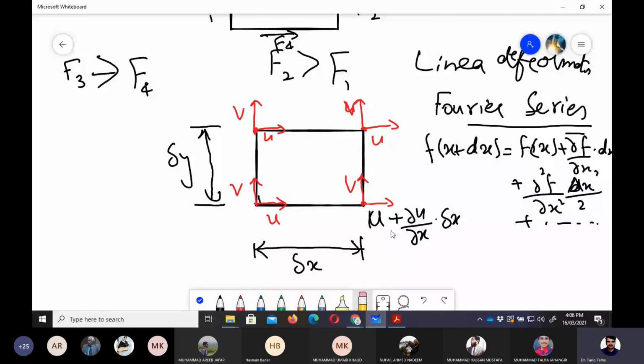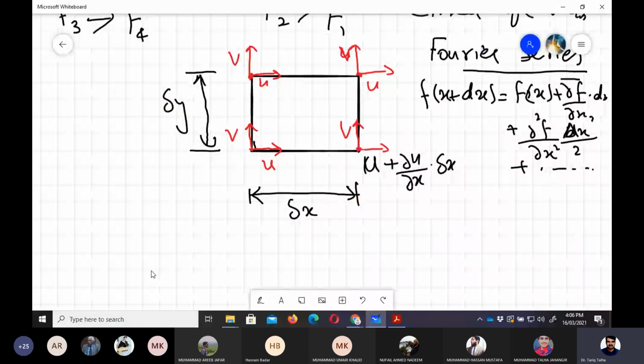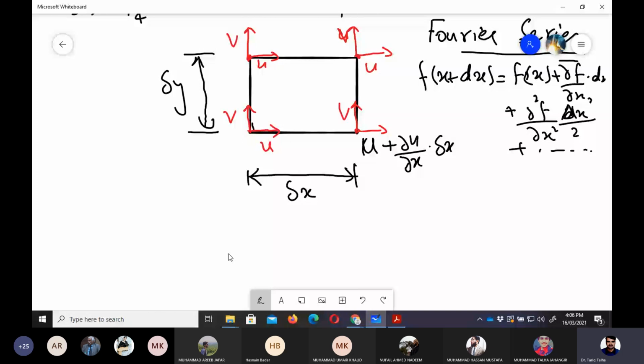And if we want to know how much elongation has been done in time delta t, how can we find that? One thing you see: the necessary condition for the linear deformation is partial u by partial x. Now there are two types of velocity gradients.